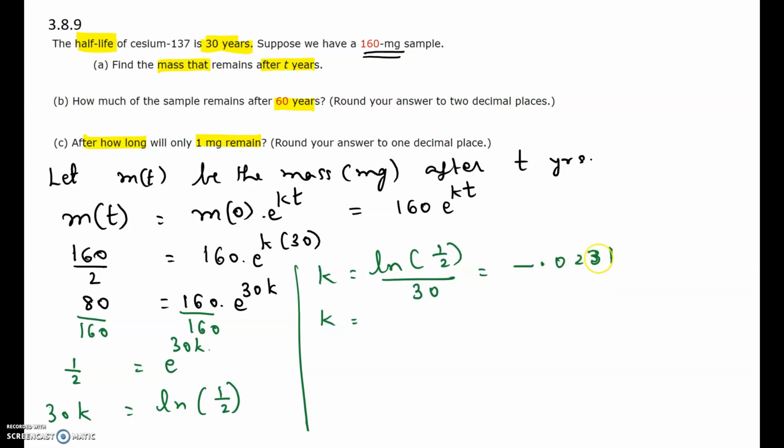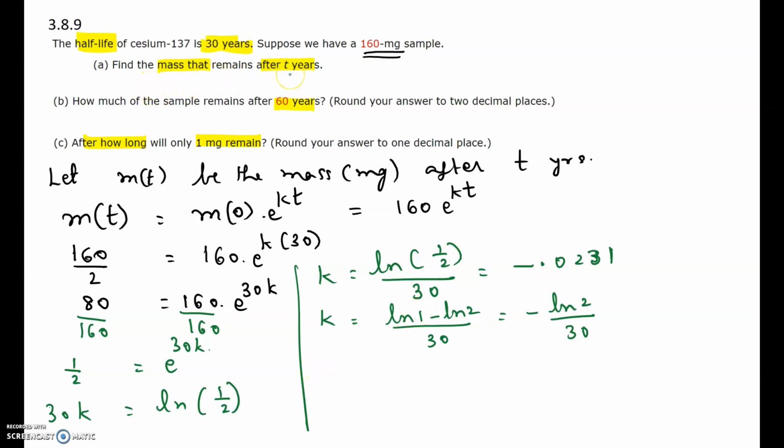The negative sign shows that this is a decay problem. K equals ln of 1/2, which is ln 1 minus ln 2, divided by 30. As ln 1 is 0, it's better to keep it as negative ln 2 over 30, an exact value.